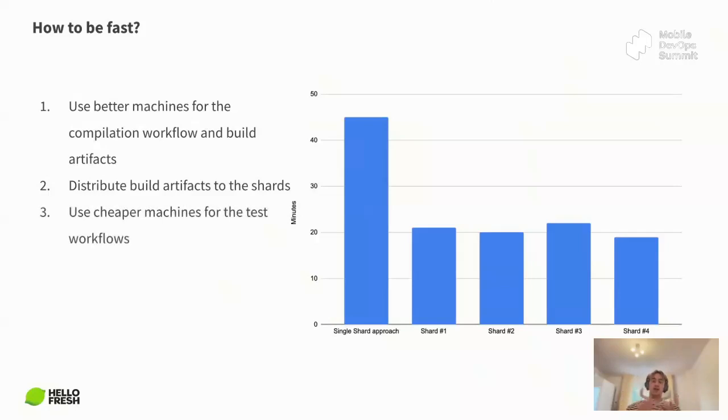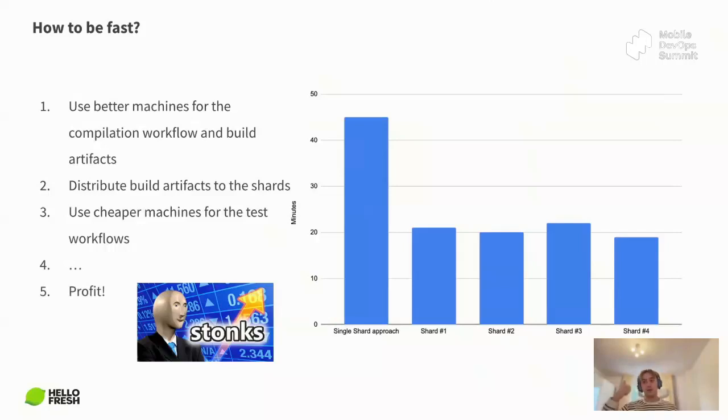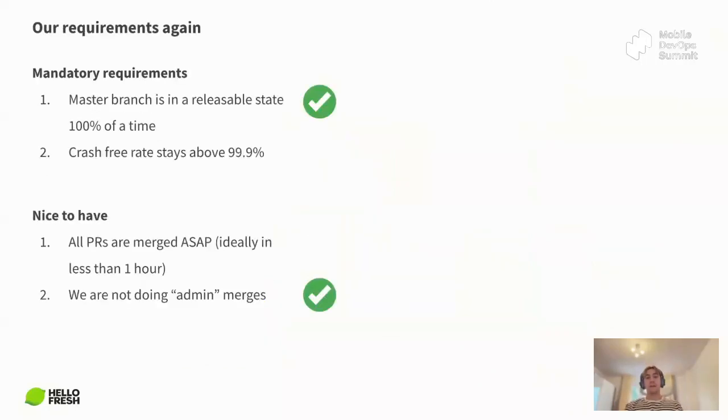Because when it goes to UI testing, it's more about Espresso performance, for example, if you're using Espresso. So it's more about your app performance. If you use more expensive or more powerful machines, it won't make a big change for you. And that's how you make your things faster, and at the same time you are not spending too much unnecessary time or money.